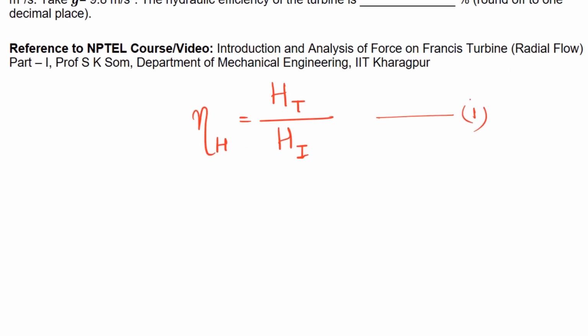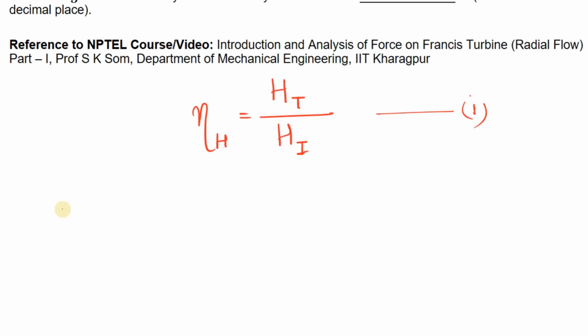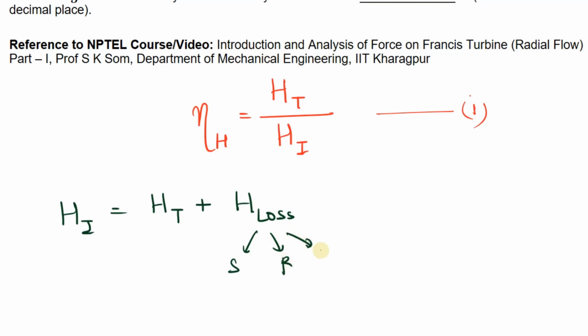So the inlet head of the Francis turbine, we can write it as HI is equal to turbine head plus the head losses, all head losses. So head loss will take the count of stator, the rotor and the draft tube.